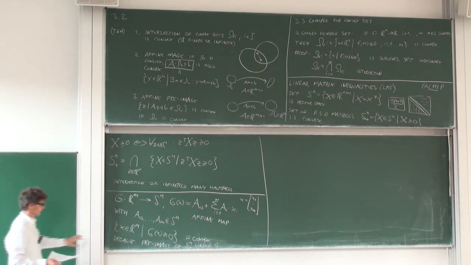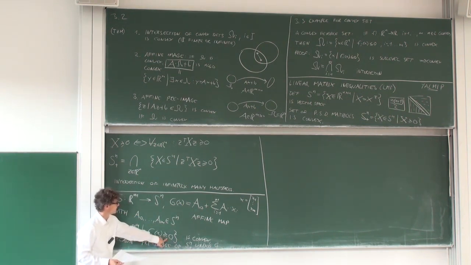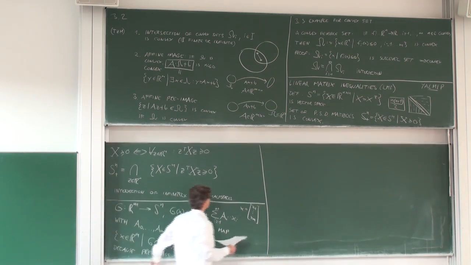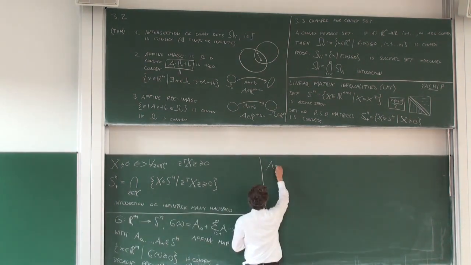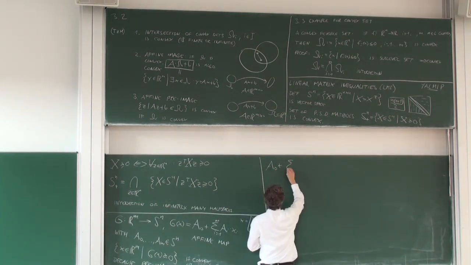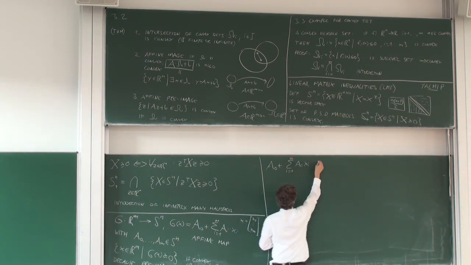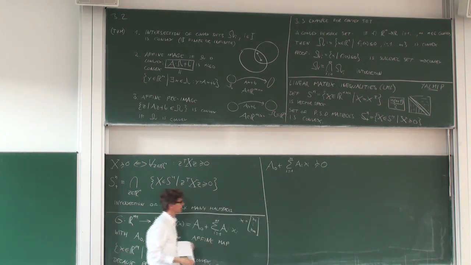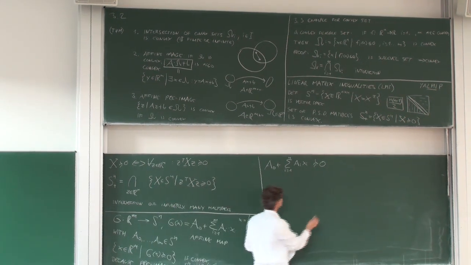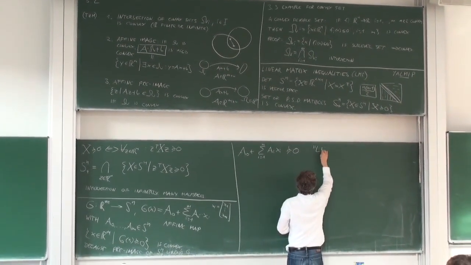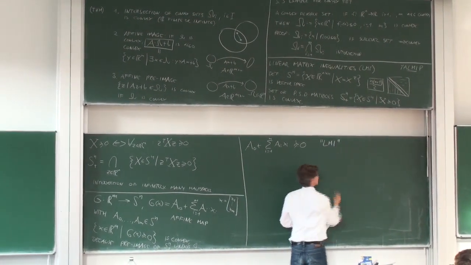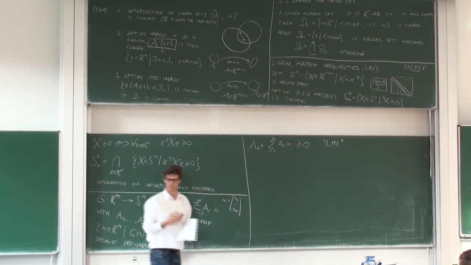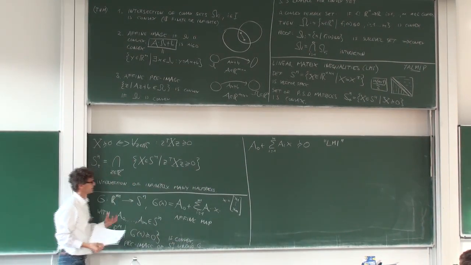So this inequality here that we have, or I can also write it in a form like this: a0 plus the sum from i equals 1 to m of ai times xi bigger than 0, this is called a linear matrix inequality. So this strange object can be written down.